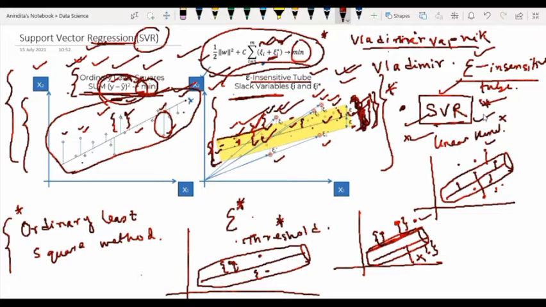The model produced by support vector regression depends only on a subset of the training dataset. Again, the same concept: whichever dataset we have considered for training, support vector regression will consider only some part of it, that is, a subset of the training dataset.